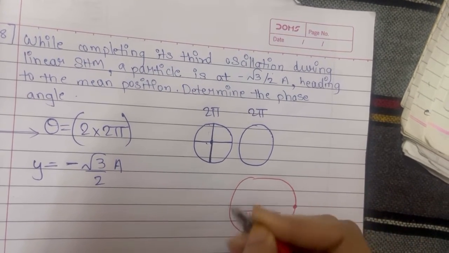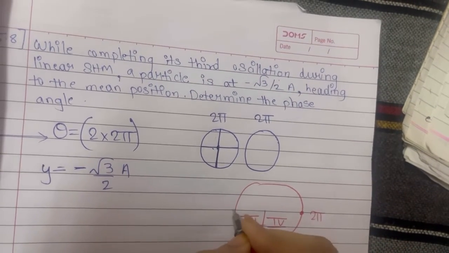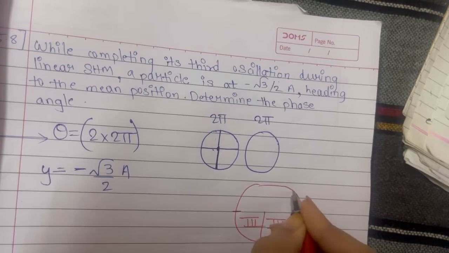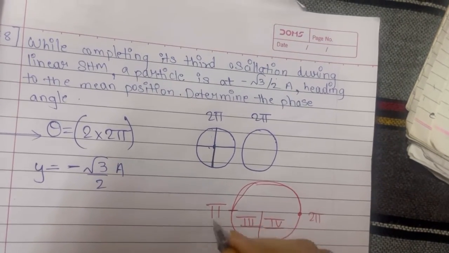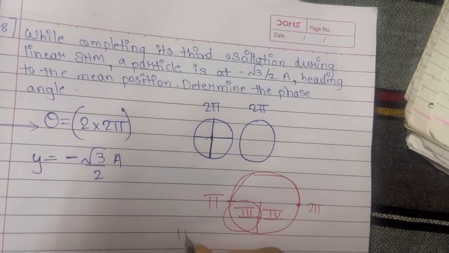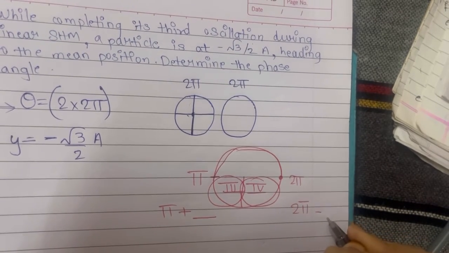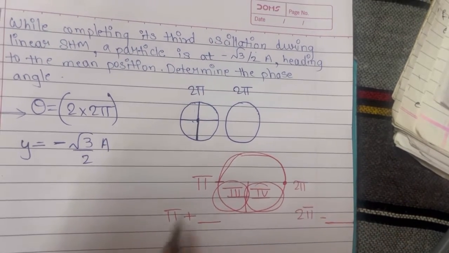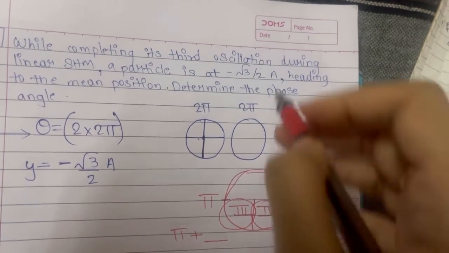Here the circle gets completed, that is 2 pi, and here how much gets completed, that is just pi. So if it is the third quadrant, then pi plus something, and if it is the fourth quadrant, then 2 pi minus something. So now we will have to see whether it is the third quadrant or the fourth quadrant. Let's move ahead.